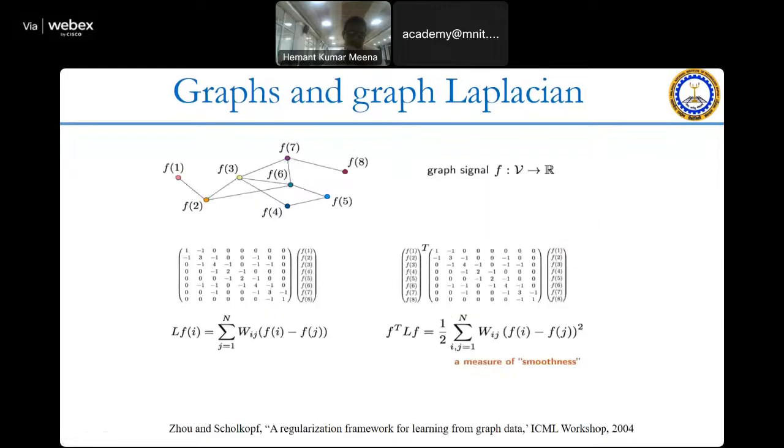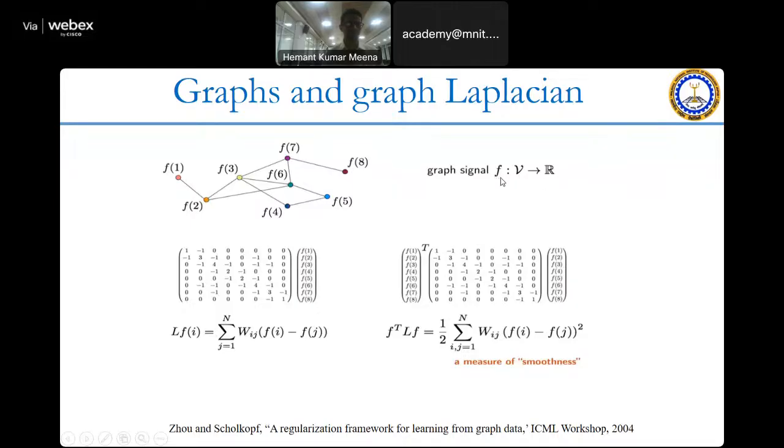Now we are taking the same graph signal. Now we are saying F1, F2, F3, up to F8. Please try to understand that F1, F2 are basically the actual signal values. How are we defining a graph signal? We define that the vertices have some real value.